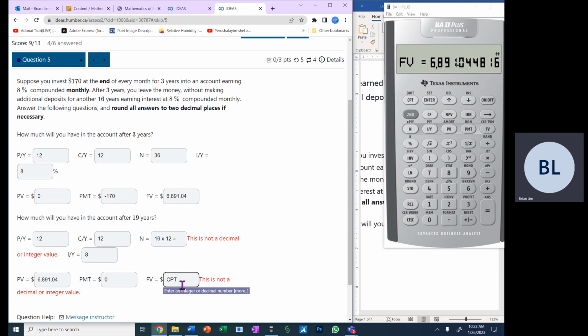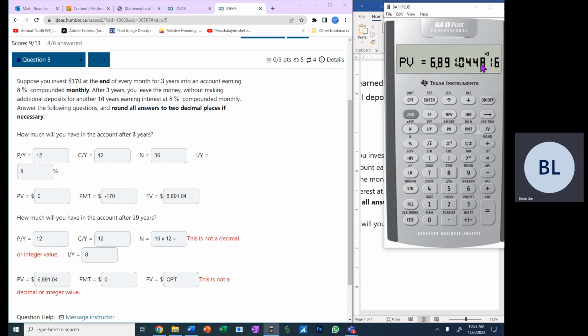Okay, so let's do that. So we have the future value there, and we can take that future value and make it the present value for the following calculation. So we can just click on present value, and there the number goes in.